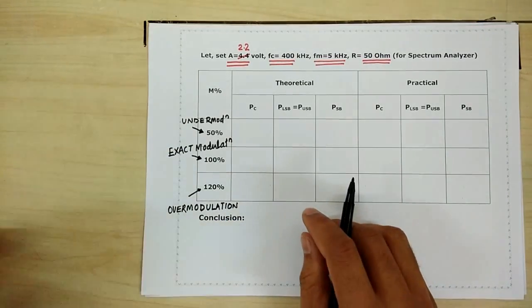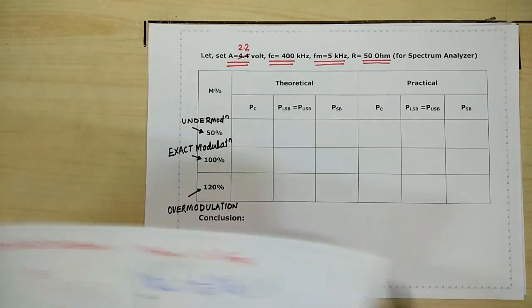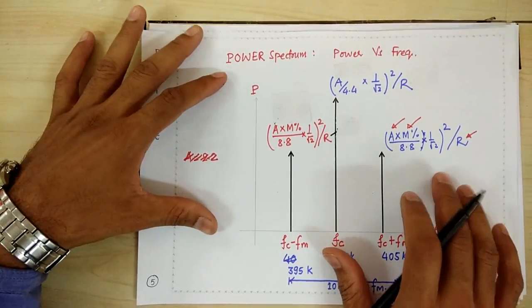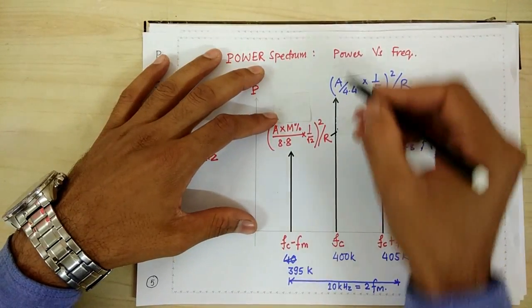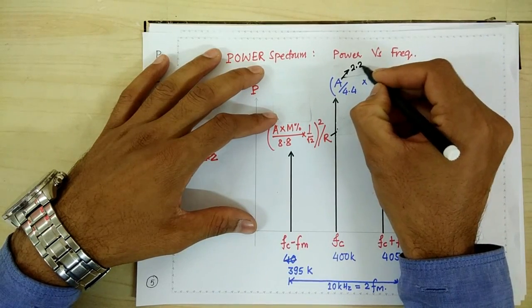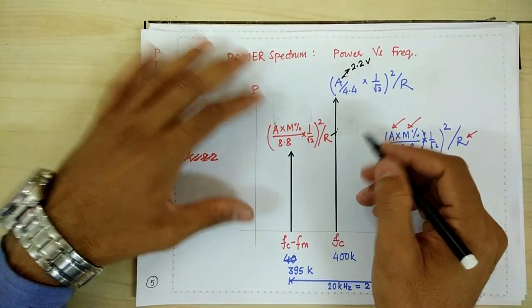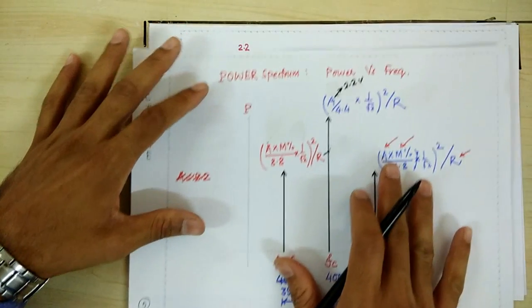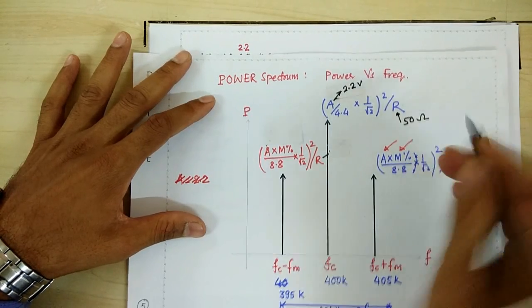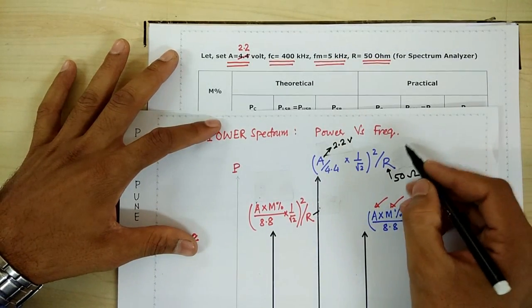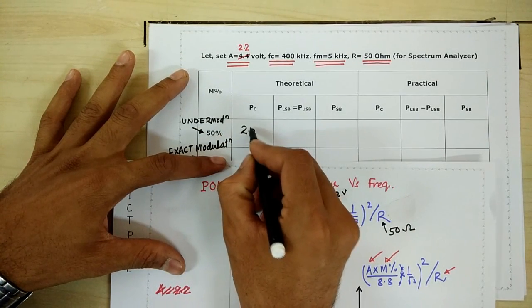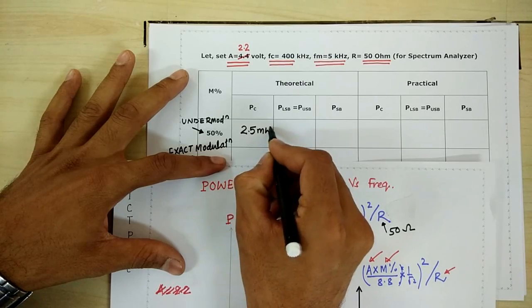If you observe the carrier power that we are going to calculate, we can calculate it from this. This is the A value, which we have taken as 2.2 volt. If you calculate this value and plug in 50 ohm, we get a value of nearly 2.5 milliwatt.